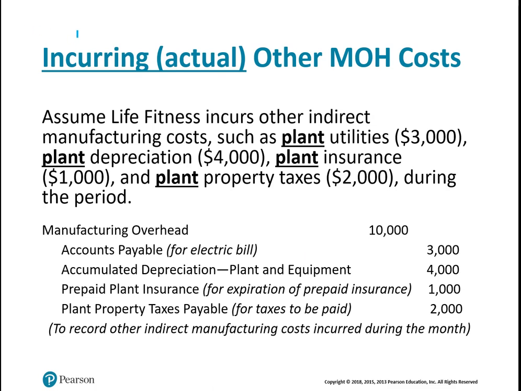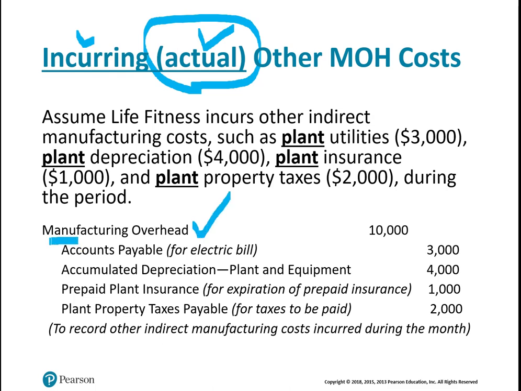Okay, incurring other manufacturing overhead. So this is the actual manufacturing overhead. Remember that when we do the actual manufacturing overhead, that's when we debit manufacturing overhead. And these would be all the accounts that would be paired up with it. So you would simply have the electric bill comes in, we have depreciation, the insurance bill comes in, the property taxes.